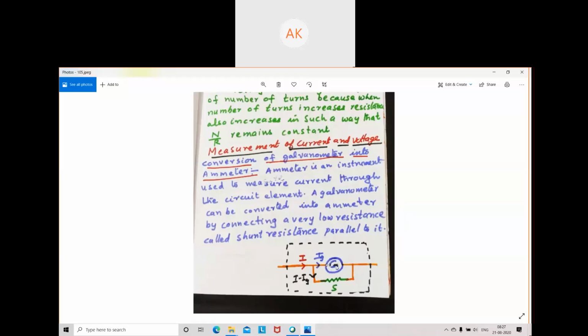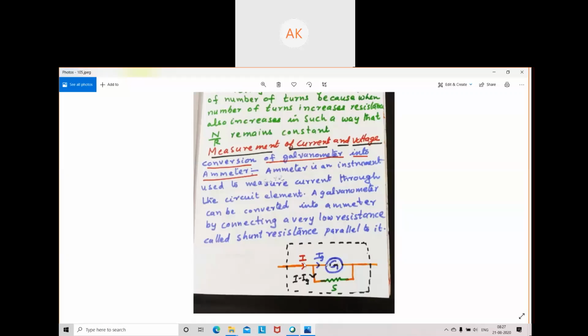Ig current, depending on the resistance of the galvanometer, will flow through it, and according to the junction rule, the remaining current, I minus Ig, will flow through the shunt resistance. And when it reaches here, both currents add, Ig plus I minus Ig, and the sum, that is I, will flow through the main circuit.